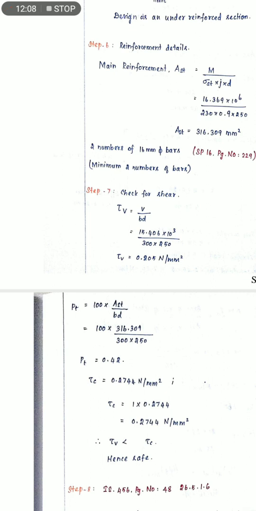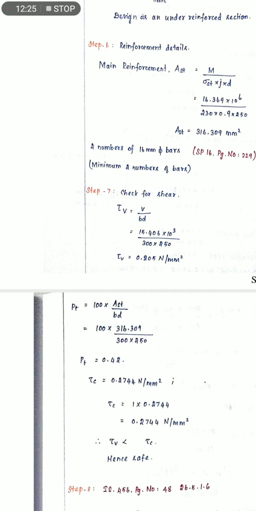In order to find tau c, we need PT, the percentage of reinforcement. The formula is PT equal to 100 AST by BD. AST means provided AST of the main reinforcement.